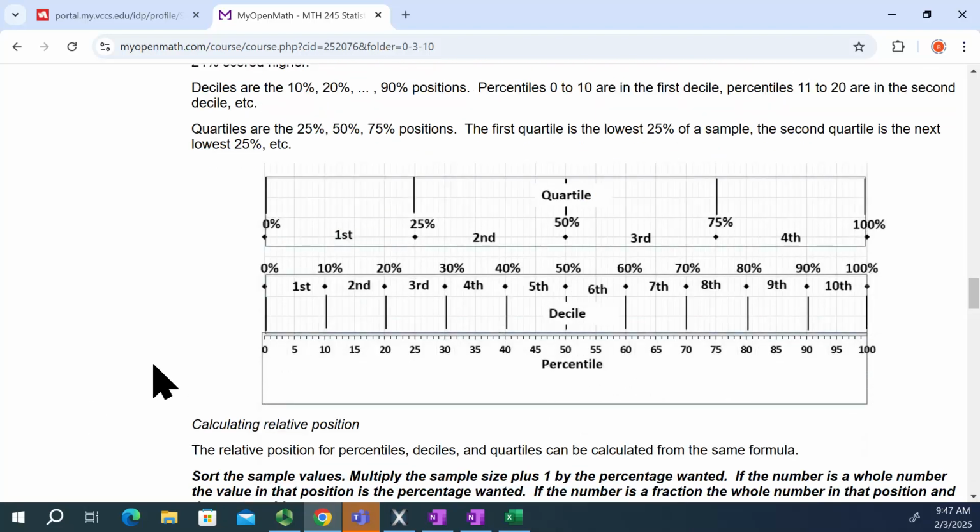This is very common for anything of that sort, and we can have percentiles. We can calculate it in deciles, which are 10%, 20%, 30%. It's just a way to cut things up.